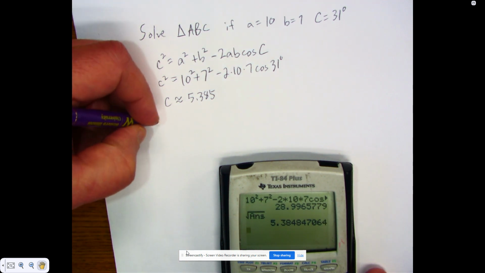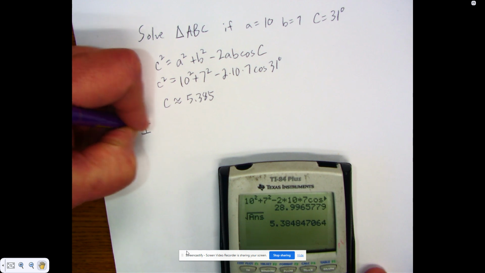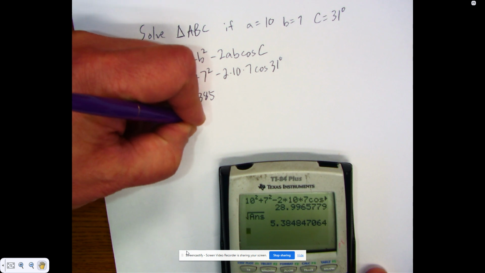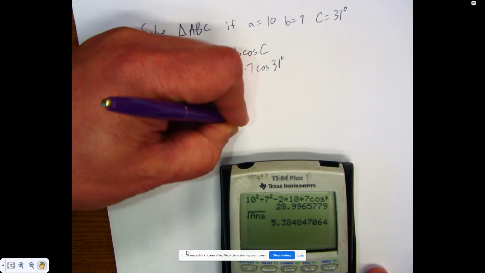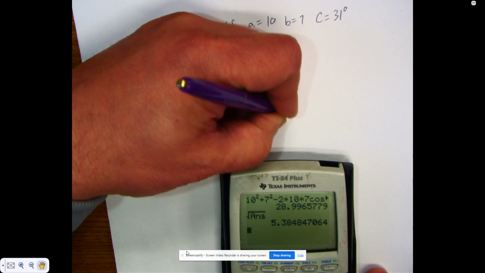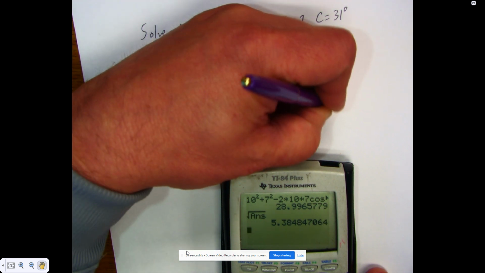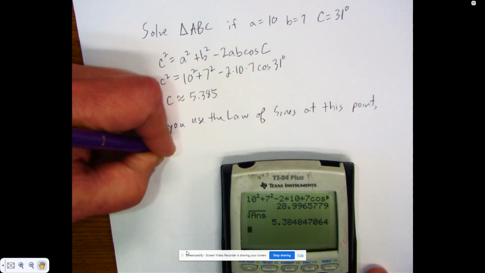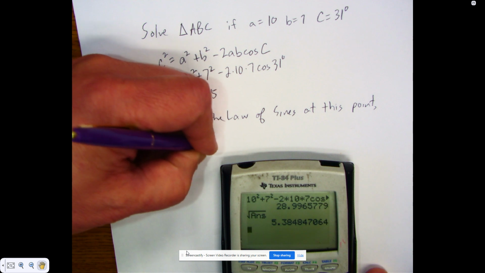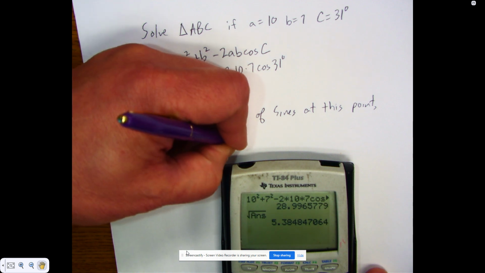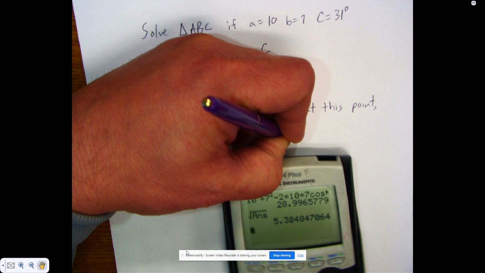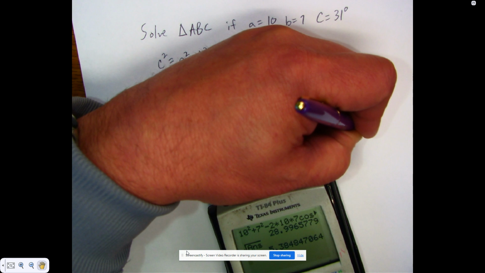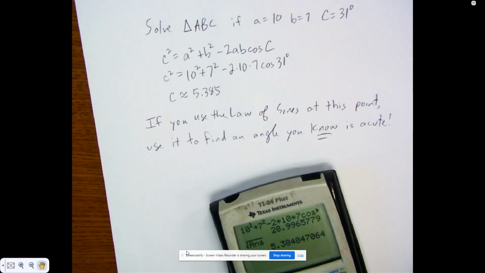The thing about the law of sines, and I'm going to write this down, I want you to pause this and listen to it more than once: if you use the law of sines at this point, use it to find an angle you know is acute.